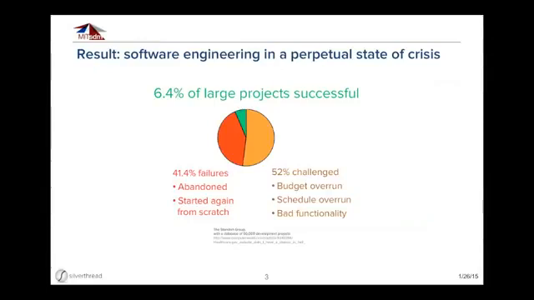And what we mean by successful was that they came in on time, within budget, and the functionality they delivered was something approximating what they set out to deliver. 50% ended up landing, but failed for at least one of these dimensions, and the full 40% just were total failures. They were abandoned. They were started again from scratch. Those projects, the money sunk into them and the human effort sunk into them was just lost.